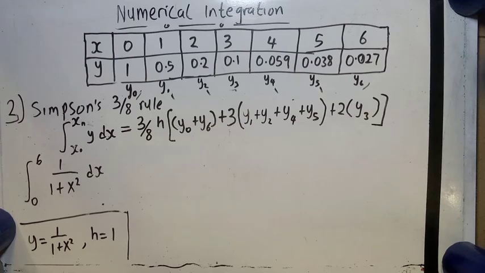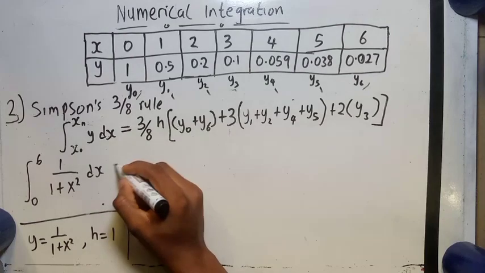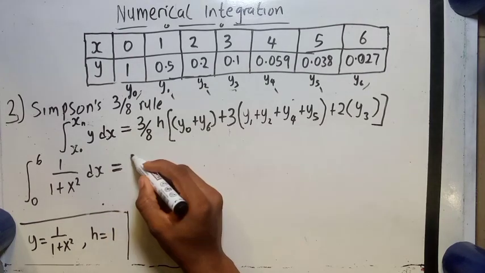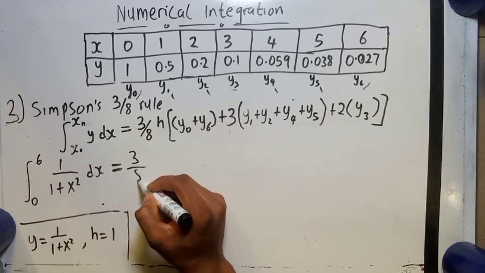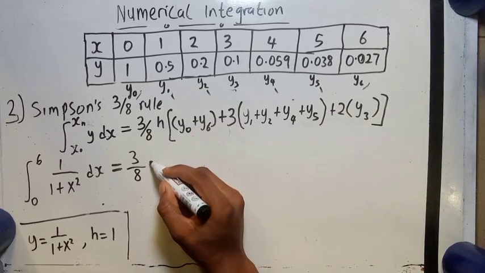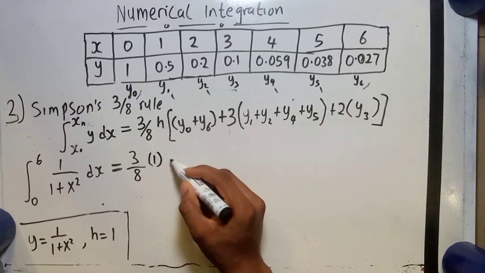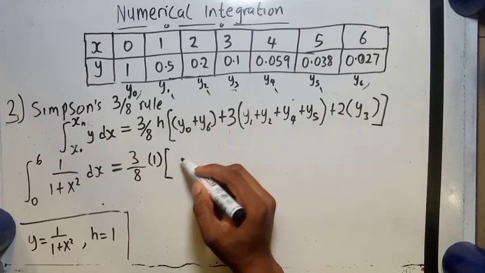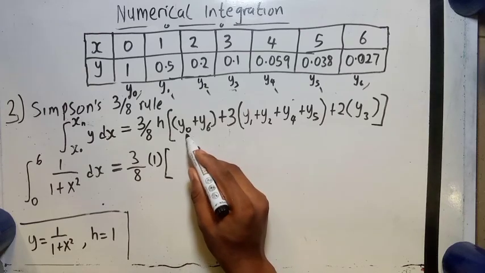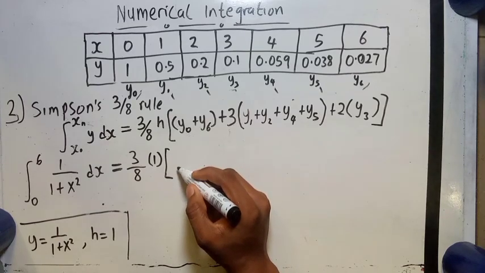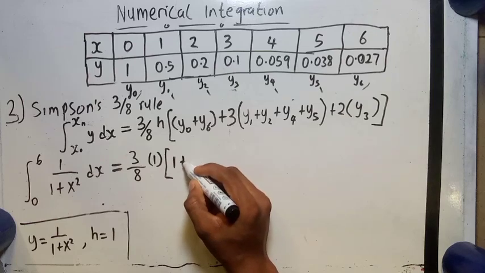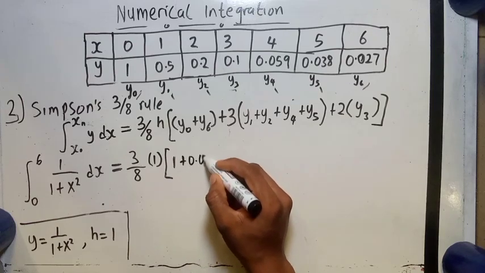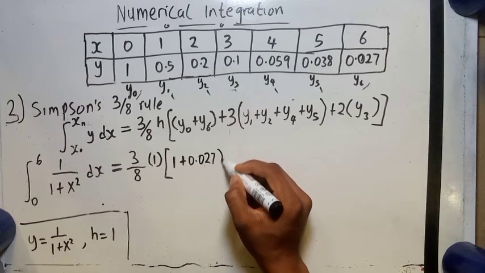Okay, so again substituting your values, you have 3 over 8 multiplied by h, which is 1, and our y0 in this case is 1 plus 0.027.